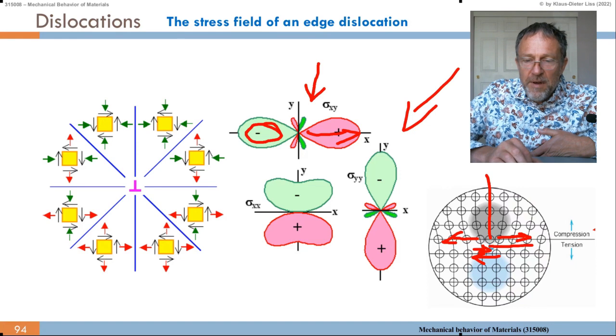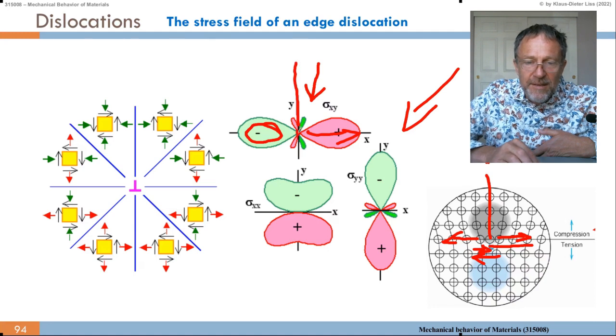Obviously, if I go somewhere here, in this point, there's no shear. Yeah, there's no shear. That's what this dumbbell means. So here we have a positive if we go along the x direction, but if I go along the y direction, the shear is 0.